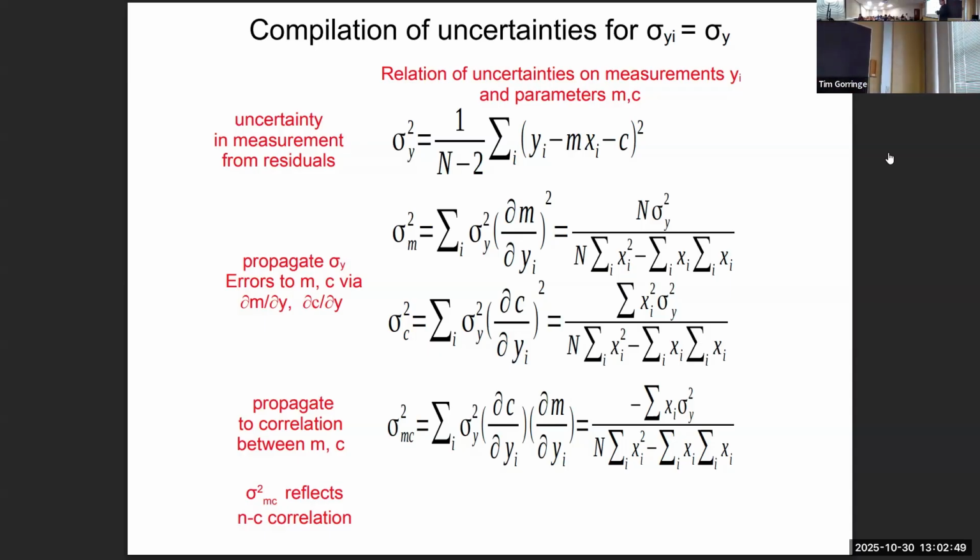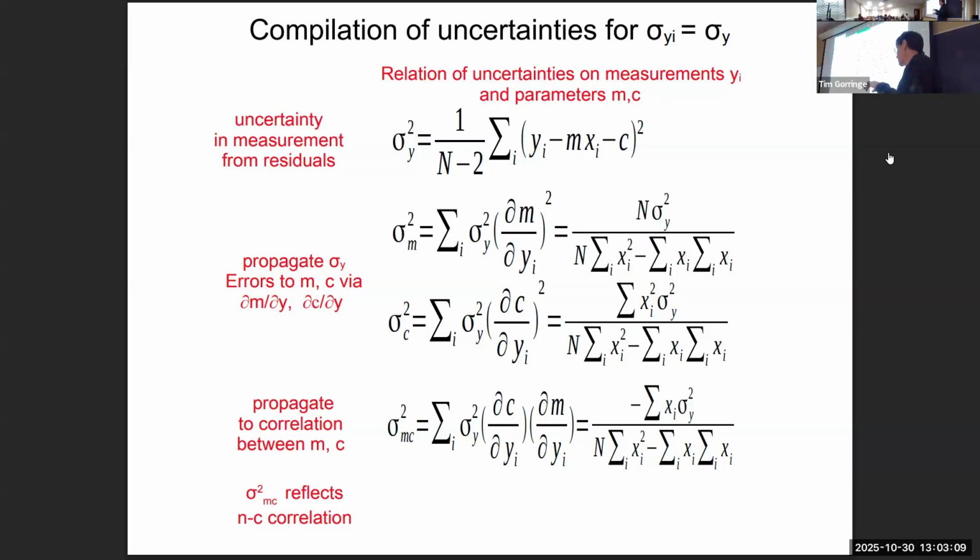How about the uncertainties on the values of M and the values of C? Well, if your data has uncertainties, then they will get reflected in uncertainties on the slope and the intercept.